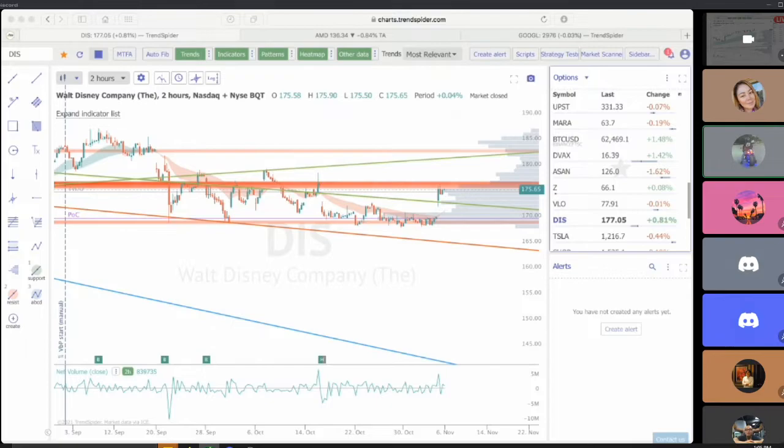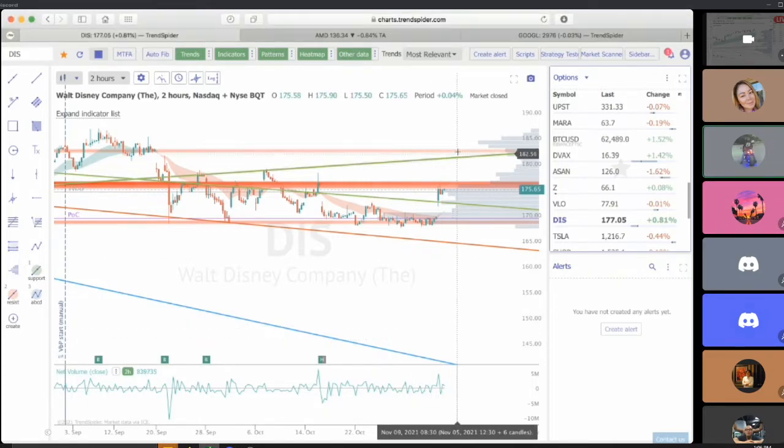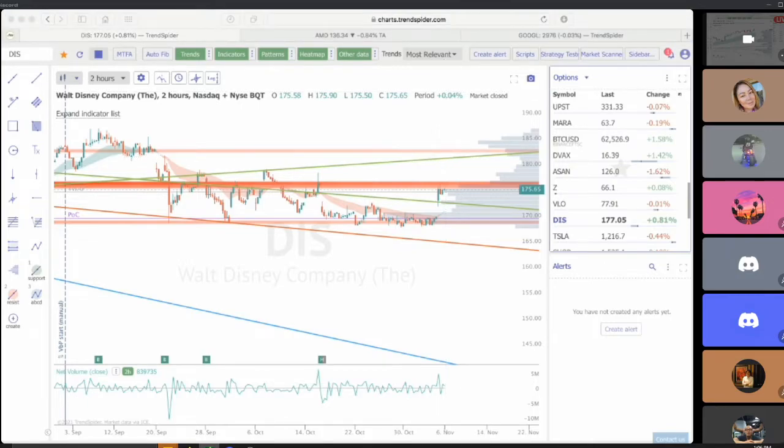Disney 185 call for 1/21/2022 had 900,000. So there's a lot of money going into the company as in growth in December, January of next year, not the weekly calls in general. Not to say it won't move, but a lot of the institutional money is going in December, January. So I'll be careful on buying Disney for the short term.